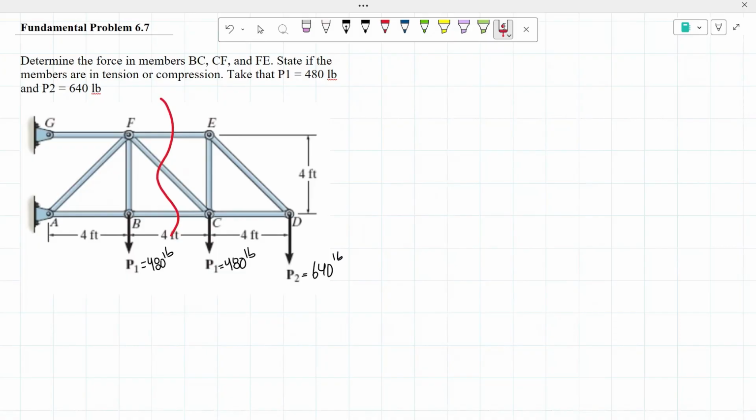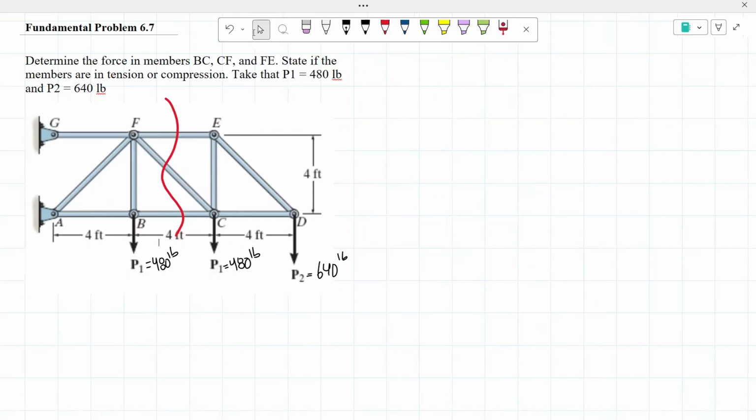So now that we have cut the truss in half, you get to decide which side of the truss you're going to work with to determine the forces. I'm going to quickly look at both sides to see which would be easier, because there is usually an easier side.